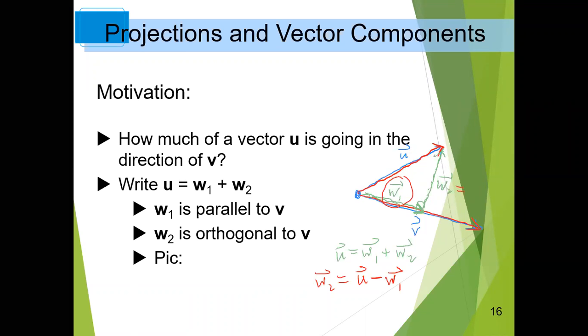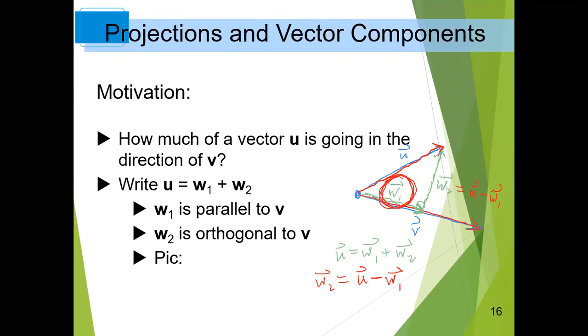We've thought about that geometrically before, but of course, the equation works out nicely as we've written down here anyways. U is equal to the sum of W1 and W2, therefore W2 is the difference between U and W1, yeah? Okay. So we're going to think about how to come up with a formula for W1. That's the key. Once you know W1, W2 is easy.